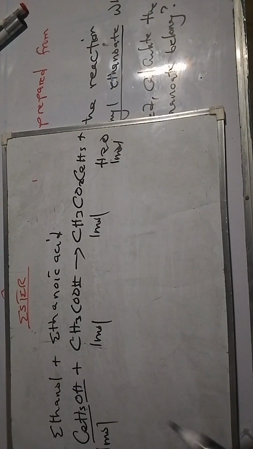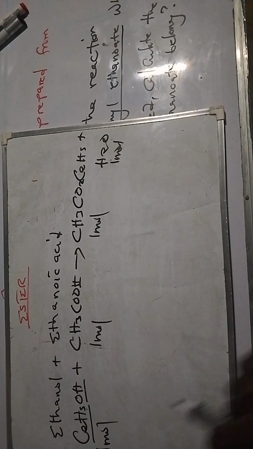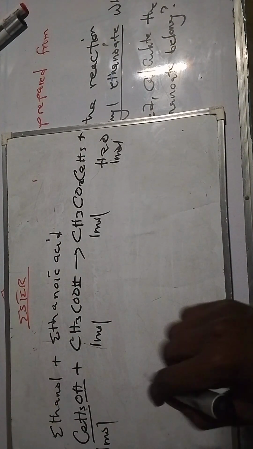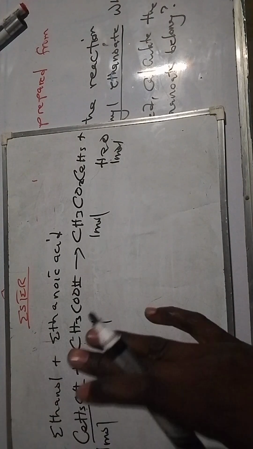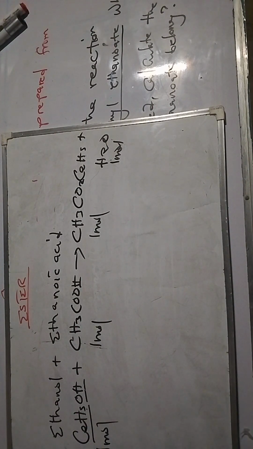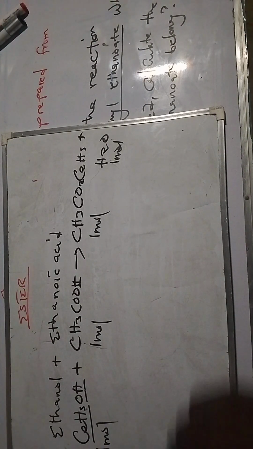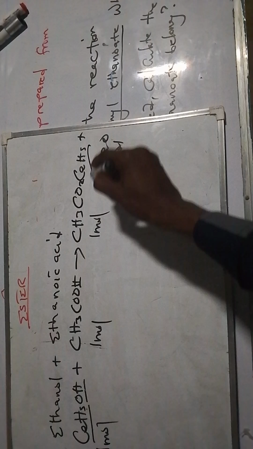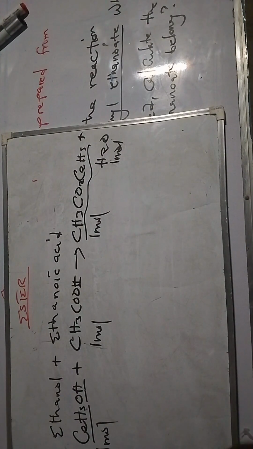Number one, you need to pick out the one thing which they are asking you to calculate. Number two, you need to get the other component or reactant which has a value in our equation. In this case, we are calculating for this one, so we are going to remove it.